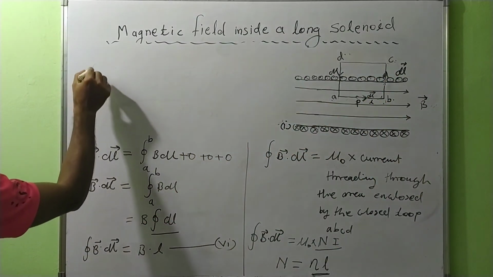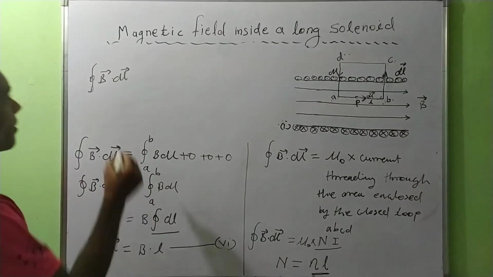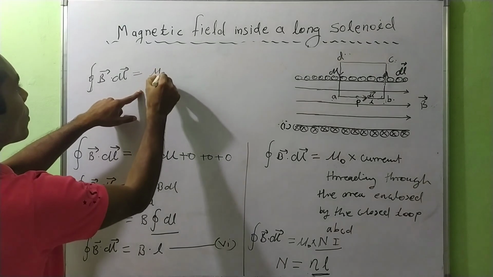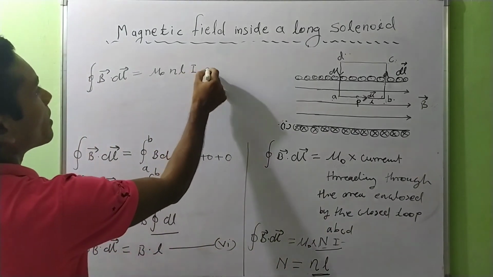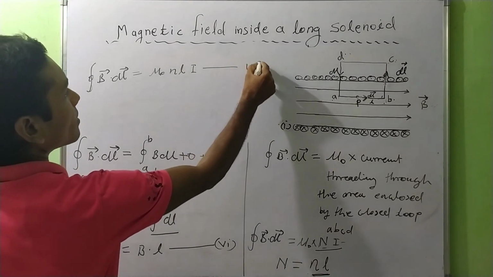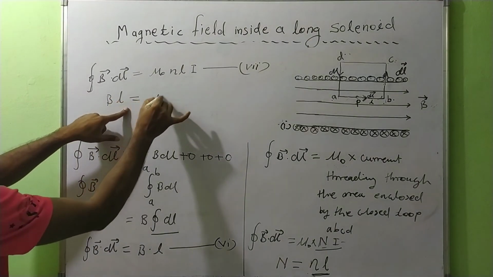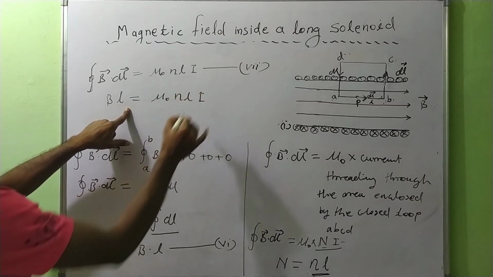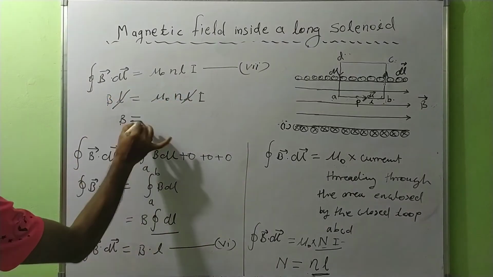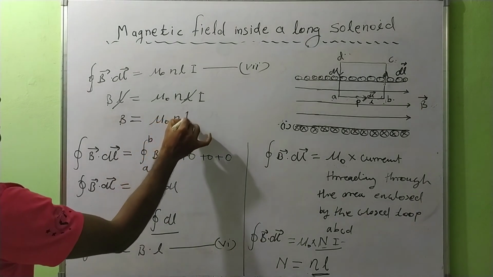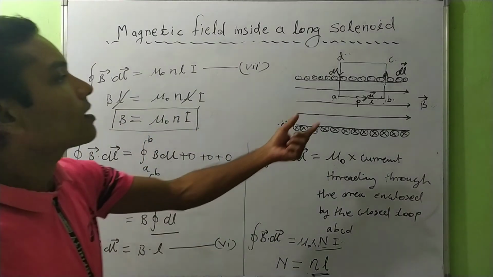Then the line integral of magnetic field along closed path ABCD will be mu naught times n L times I. Let this be the seventh equation. From equations 6th and 7th, BL equals mu naught n L I. L cancels L, so B equals mu naught n I. This is the expression for the magnetic field inside the solenoid.